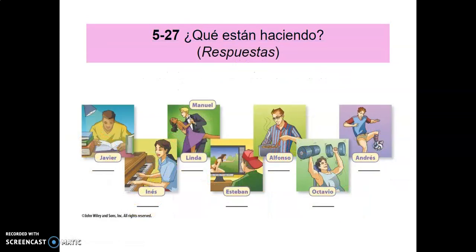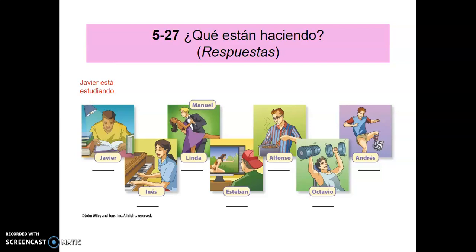Okay, so let's see what we came up with. Javier está estudiando. I used estudiar because it looks like he's studying, so I used está estudiando. Now, if you used leer, just note that there is a spelling change when leer becomes leyendo.